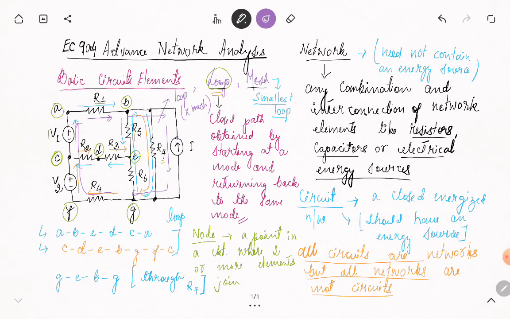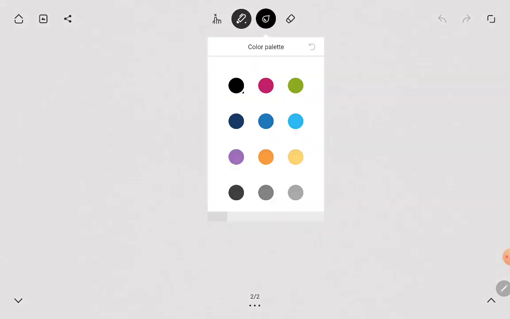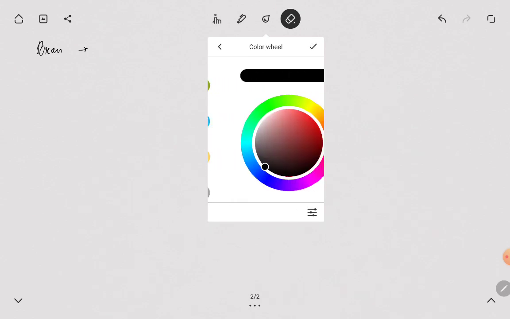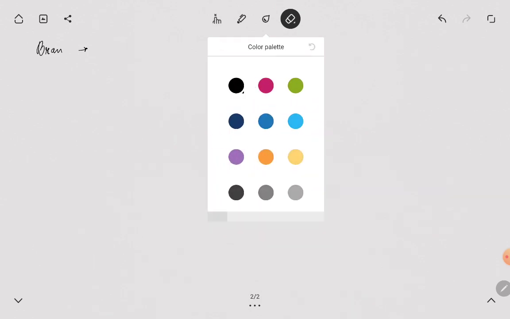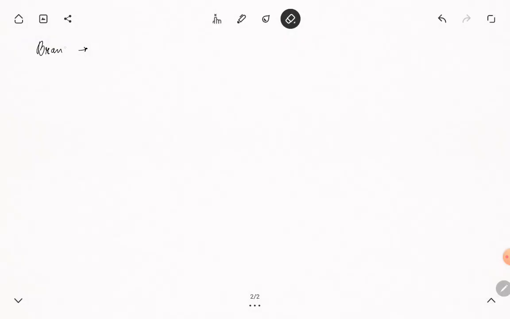So let's go to the next page. Yes, we were talking about the node. When we define a node, we also need to define what a branch is.